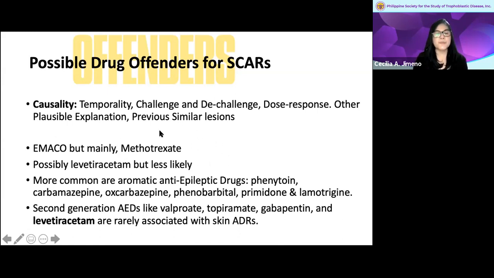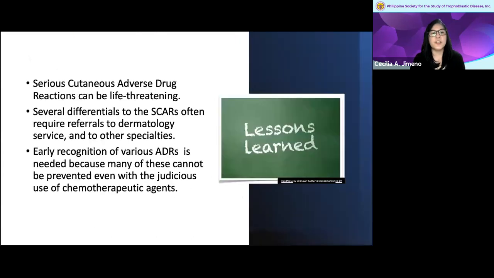The anti-seizure medication that was given to the patient also has a potential to cause the SCARs, but is less likely because it's actually the more common aromatic anti-epileptic drugs such as phenytoin, carbamazepine, phenobarbital, and lamotrigine that more commonly cause it rather than the second generation AEDs. So I think that's the last of the answers to the questions.